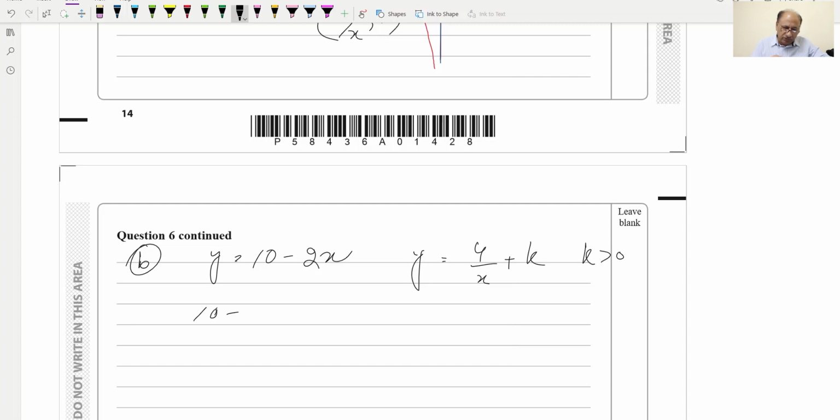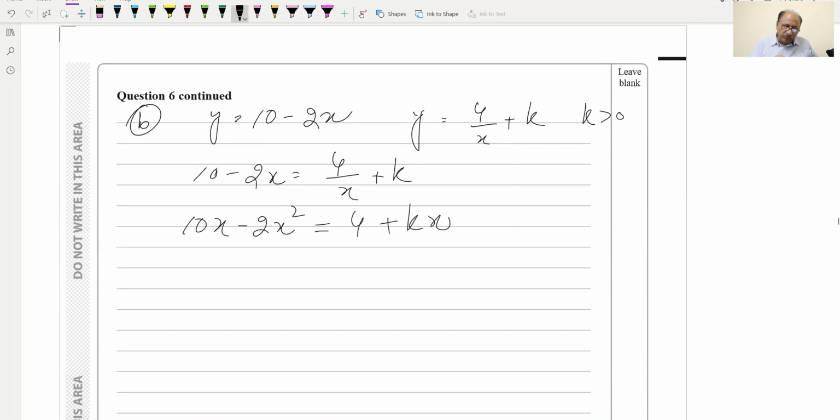So 10 minus 2x will be equal to 4 over x plus k. We can multiply the whole equation by x to get rid of the denominator, and it will be 10x minus 2x squared is equal to 4 plus kx. Now we can form the quadratic equation.